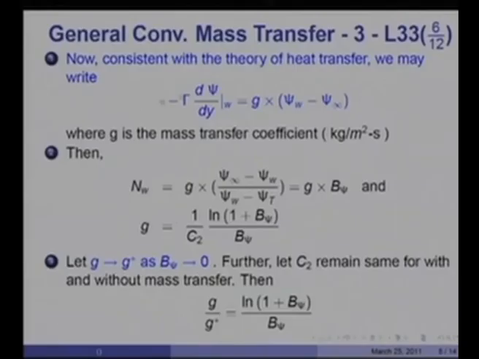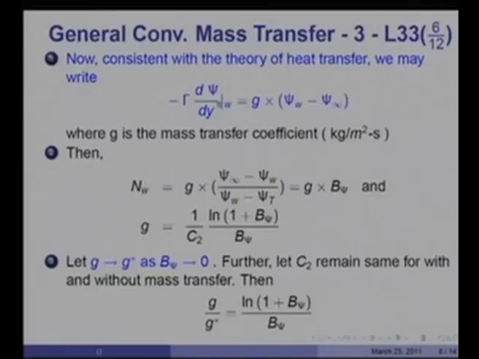So, now consistent with the theory of heat transfer, we may write minus gamma d psi by dy at w equal to g times (psi w minus psi infinity), where g is now the mass transfer coefficient.